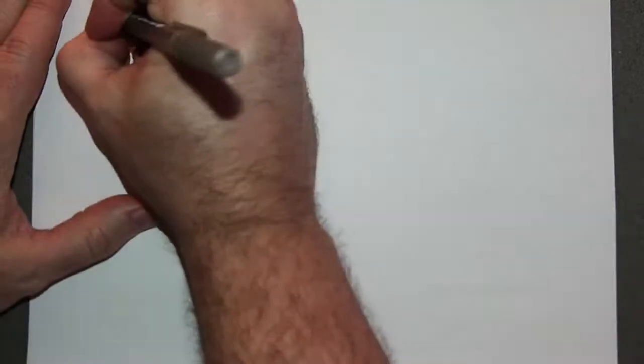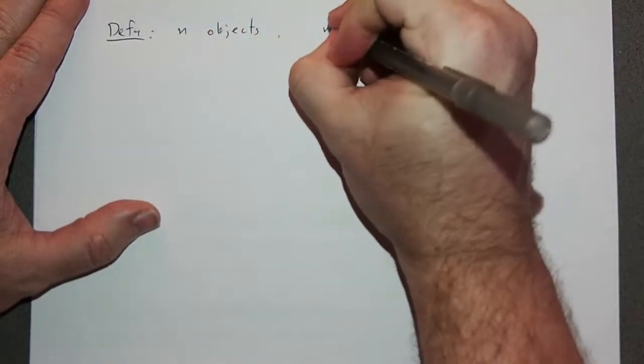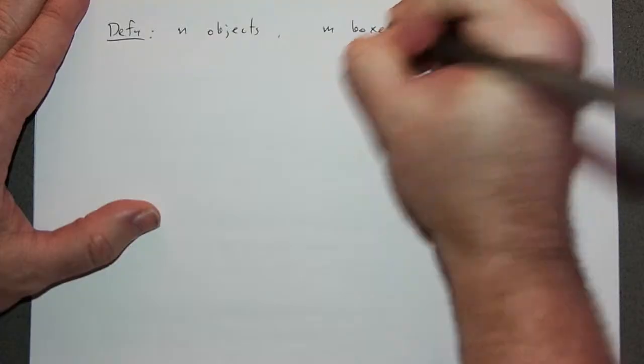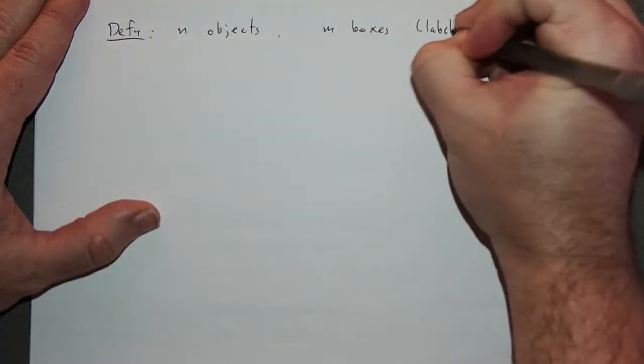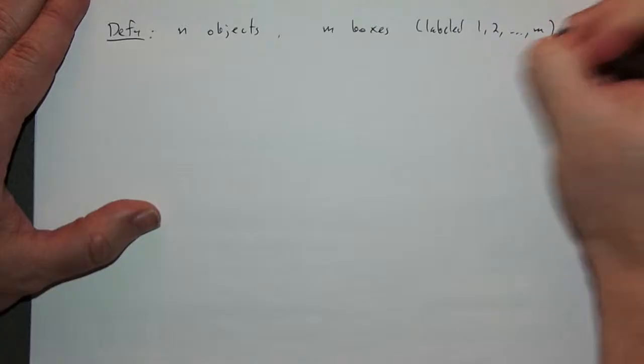So the multinomial coefficients are defined as follows. Definition. Okay, so let's say we have n objects, m boxes, labeled 1, 2, and so on out to m.